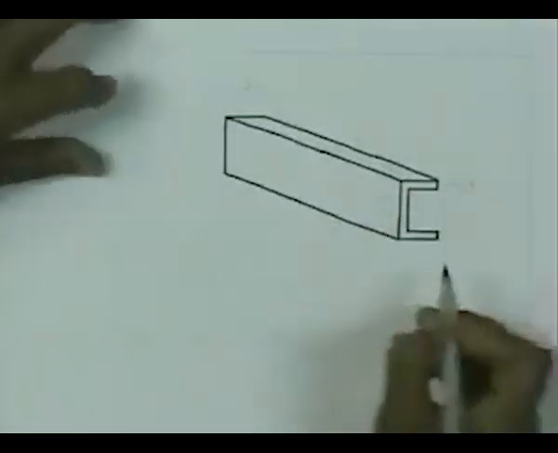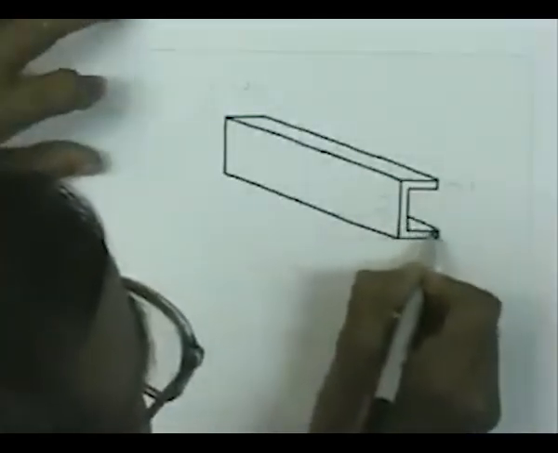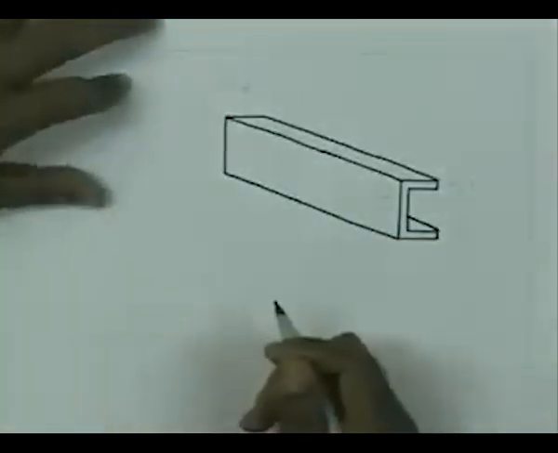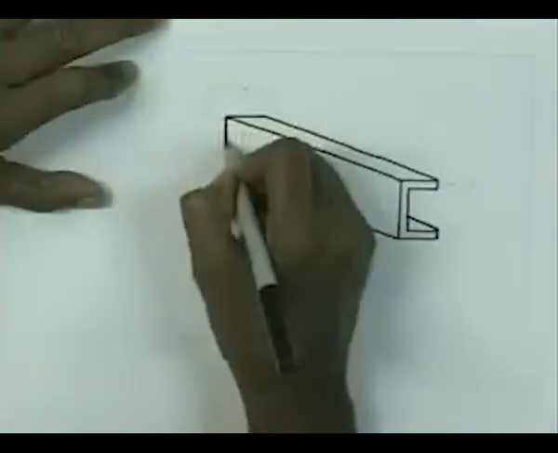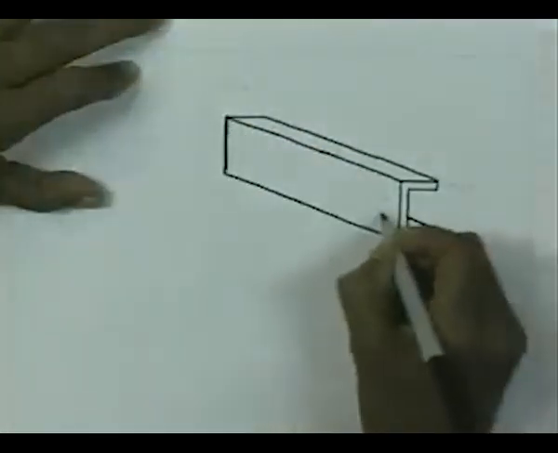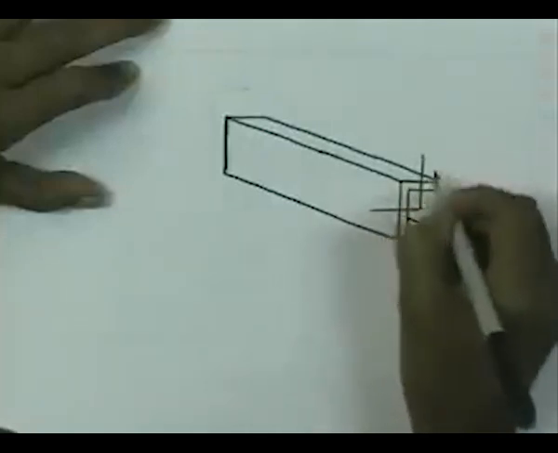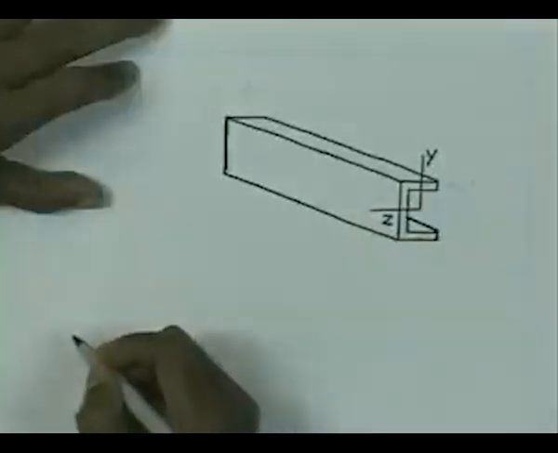This is the beam we have. Now, what we have shown you is that the axes of the cross section are as follows. This is your y, this is z axis, right.